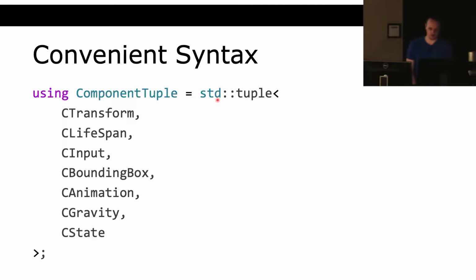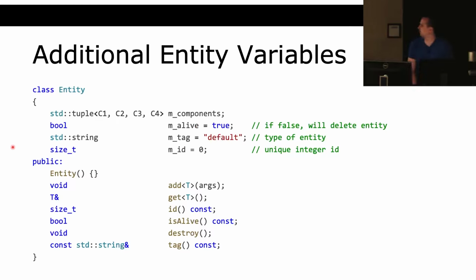So if we have a standard tuple of transform component, lifespan component, input component, bounding box component, all these different types of components, I can say using component tuple equals the standard tuple of all my components. Now, where I had this huge variable name before, I can just call that a component tuple. I didn't have to define a new class that stored all that. I can just say using component tuple equals this.